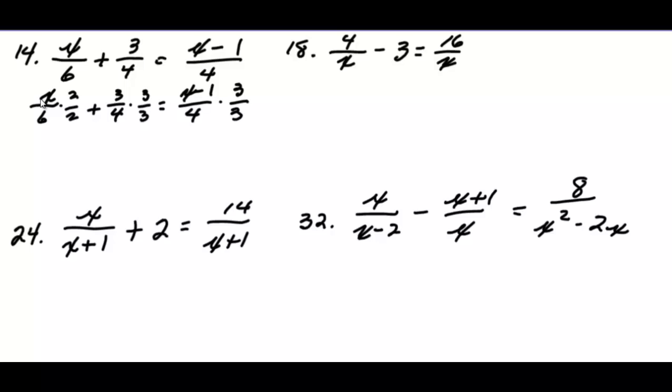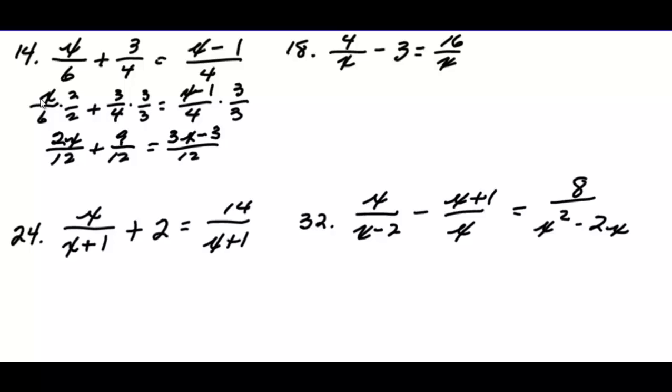When we do that, what we get then is 2x over 12 plus 9 over 12 equals 3 times x minus 1, which is 3x minus 3 over 12.